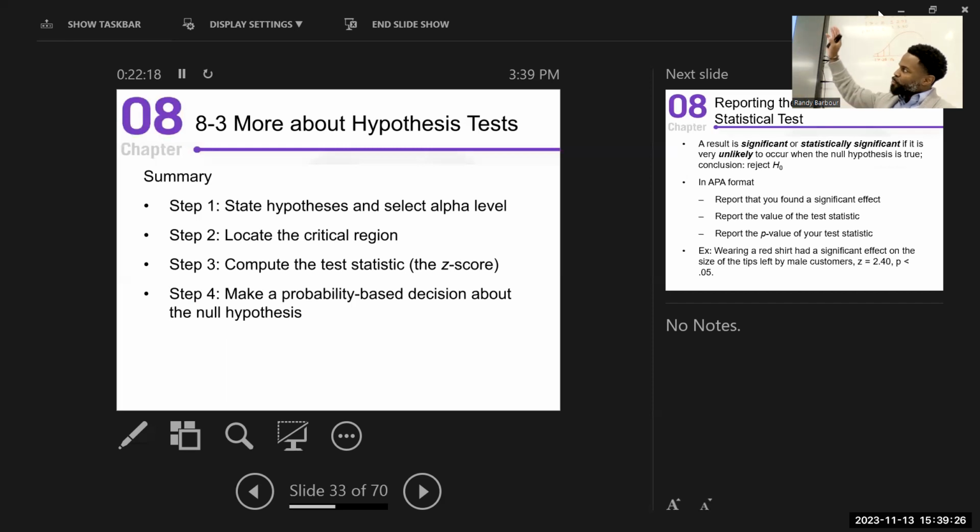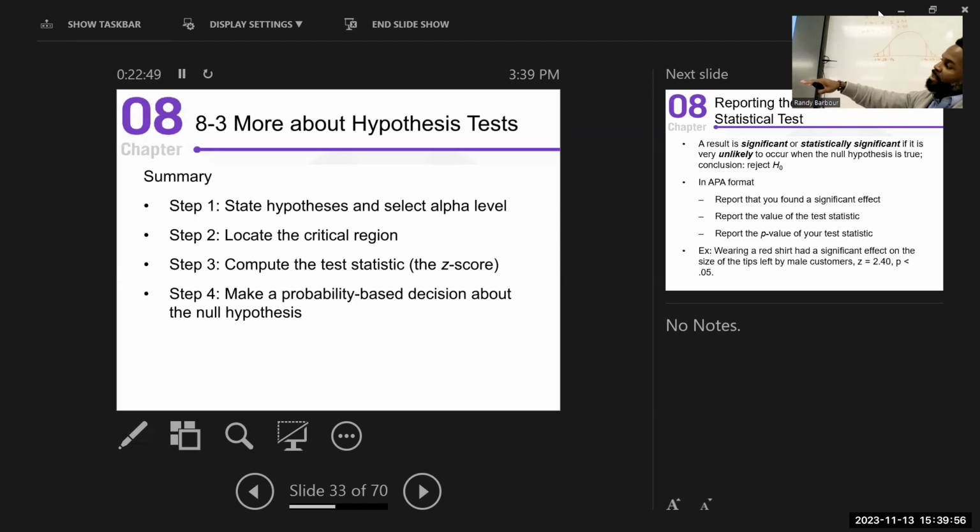So again, as a summary, you're just going to state your hypotheses. Select your alpha level. Once you select your alpha level in step 1, then you're going to locate your critical region. So you select your alpha level, which is 5%, 1%, 0.01%. Then you're going to set your criteria for your critical region based on your alpha level. Once you've done that, you're going to compute your test statistic. That's going to be our z-score, because we're going to go through an example here shortly.